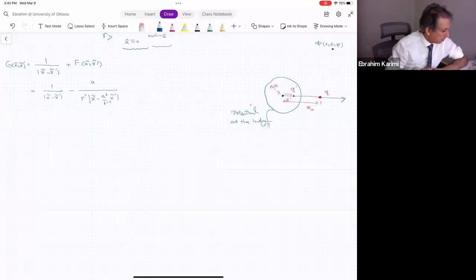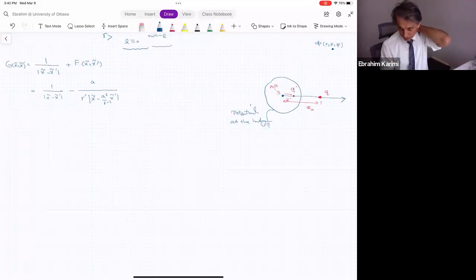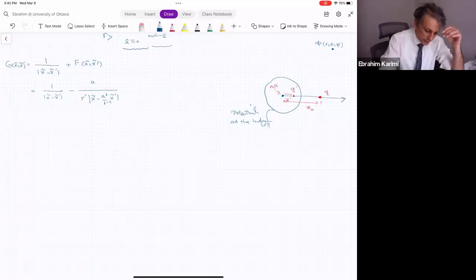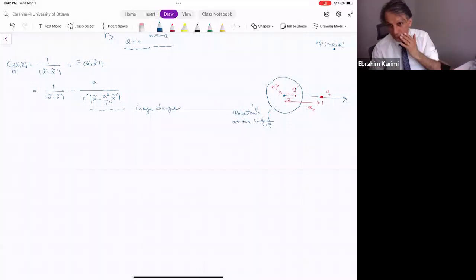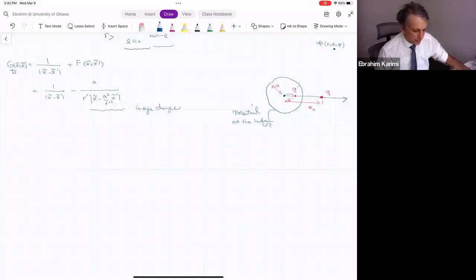Okay, we got that. That was what we found due to the image charge, and that was for the Dirichlet boundary condition. We solved that previously, and a more complicated one was given to you for your midterm exam.